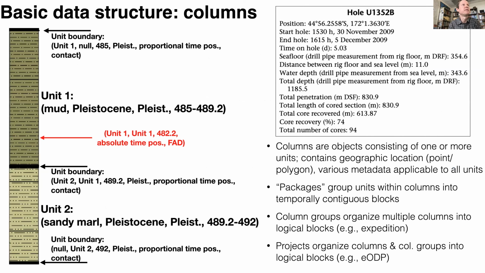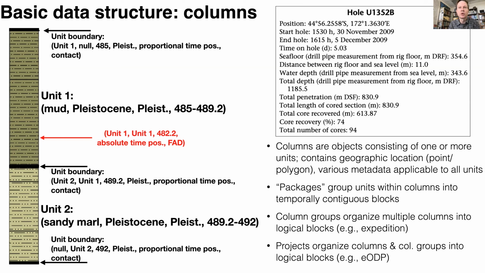Just to round out the data model description for Macrostrat, these units and their boundaries exist within columns. Columns are objects consisting of one or more units. This would be a well or a measured section or a regional column. Of course, the column data object stores a bunch of metadata applicable to all the units there. Within those columns, units are grouped into packages, which are temporally contiguous blocks.